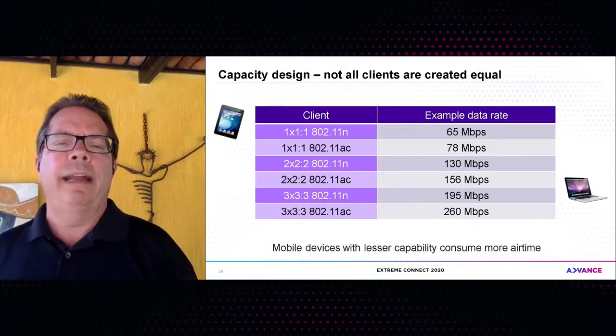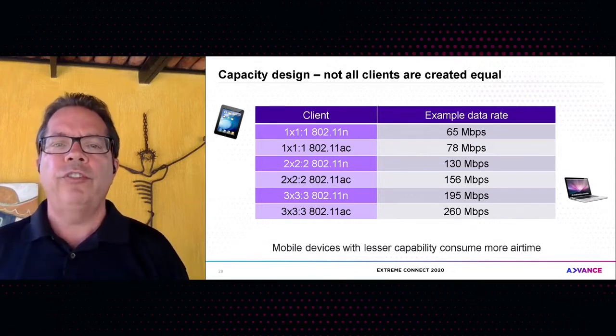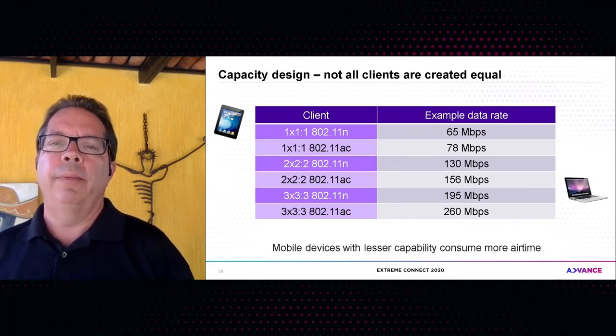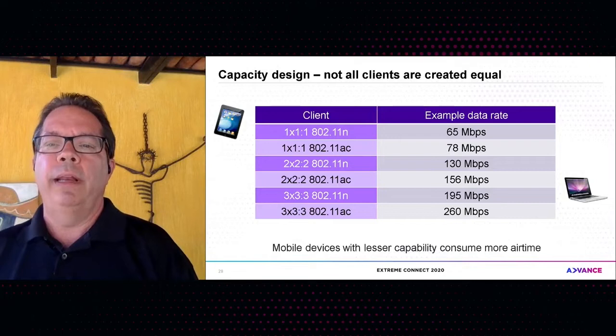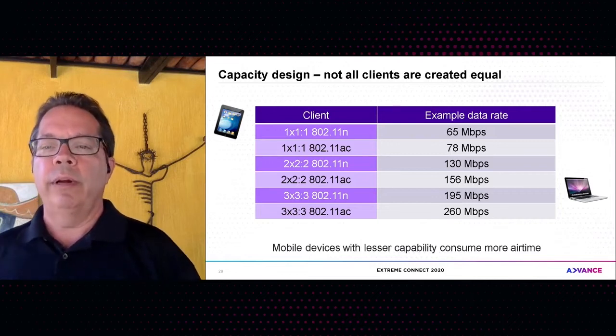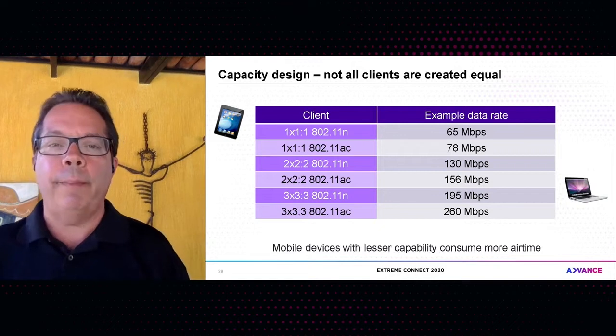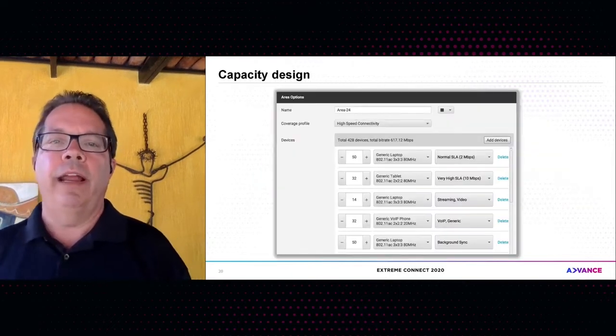We live really now in a 2x2x2 client world, but just understand a lot of the legacy clients, 1x1x1, are not going to be able to transmit or receive at these very high data rates, meaning if they're 1x1x1, they're transmitting at lower data rates and they're consuming more airtime, and that affects your overall capacity of how many clients per AP.